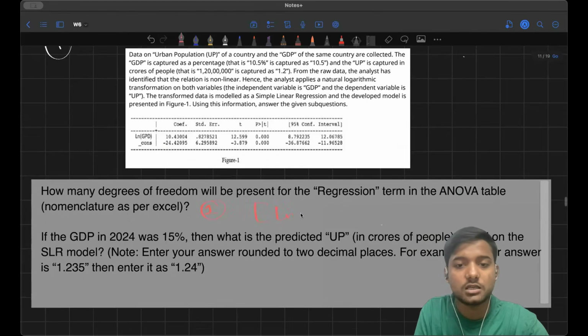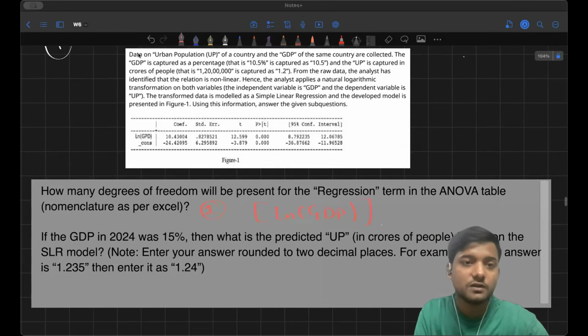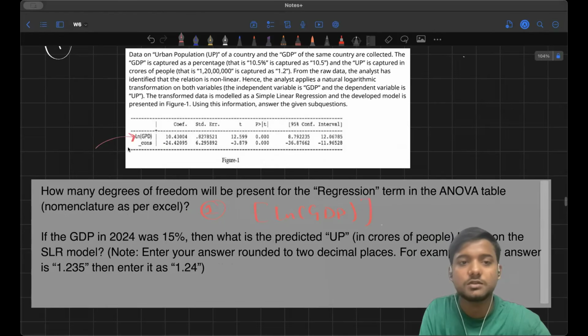We are using ln GDP. Therefore, only one variable is used, and hence the degree of freedom for regression is going to be 1. So how many degrees of freedom will be present for the regression term? It is going to be 1 because we are only using GDP.